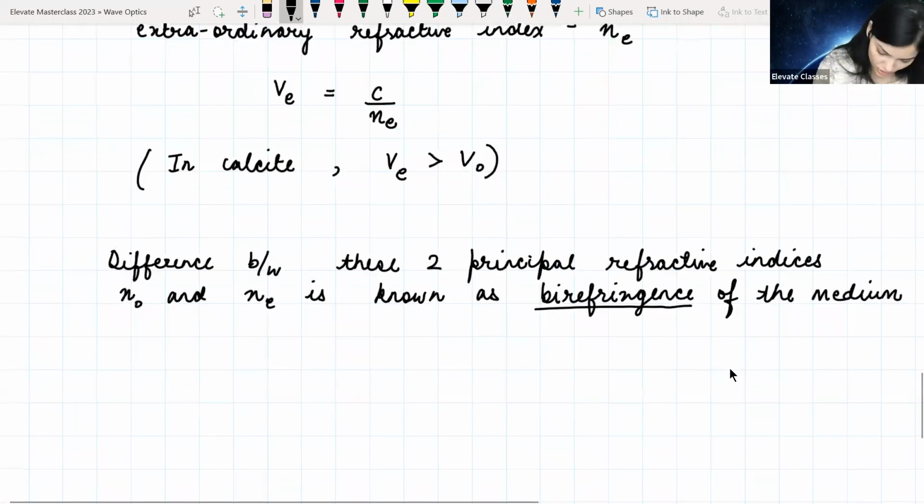So birefringence is basically nothing but this difference between these two values.